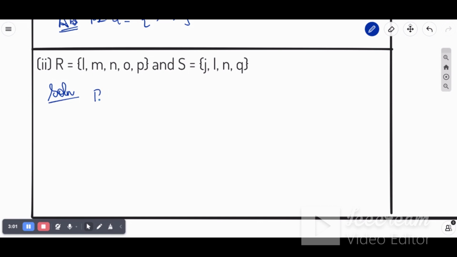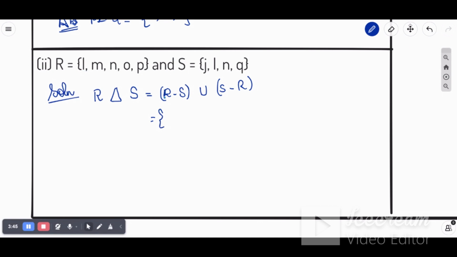Since we have to find symmetric difference, let us put the formula: R delta S is equal to R minus S, then, one second, we have to put the open curly brackets, R minus S union S minus R. The next thing is to find out R minus S. First let me put the brackets and then we start writing R minus S. R minus S is nothing but writing your R elements excluding your S elements. So let me start writing it neatly.